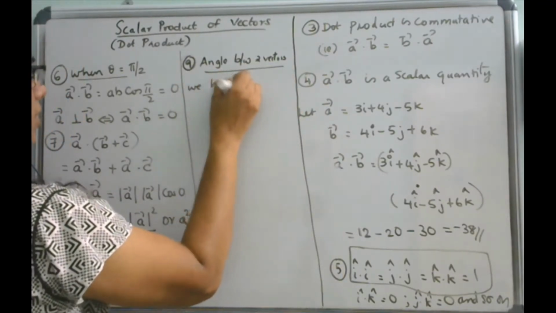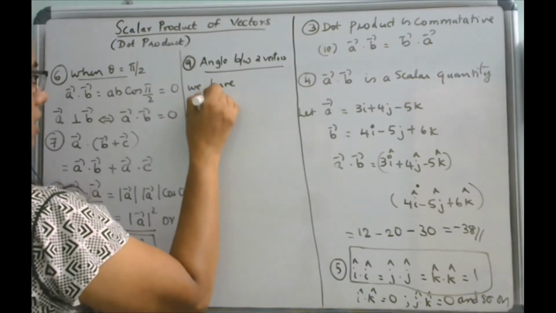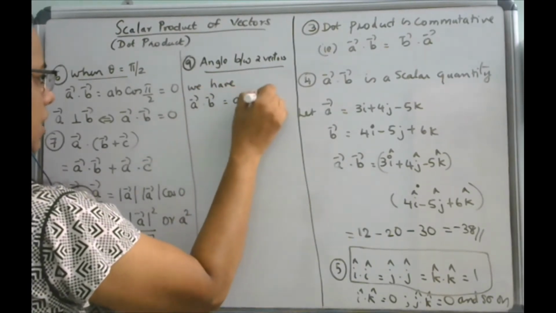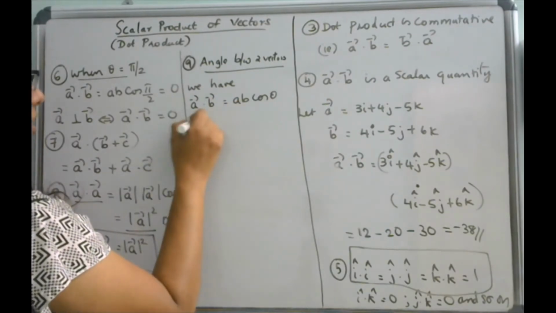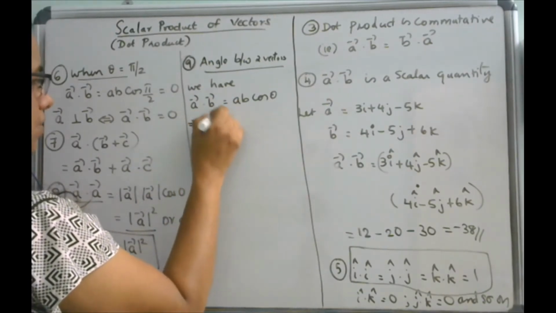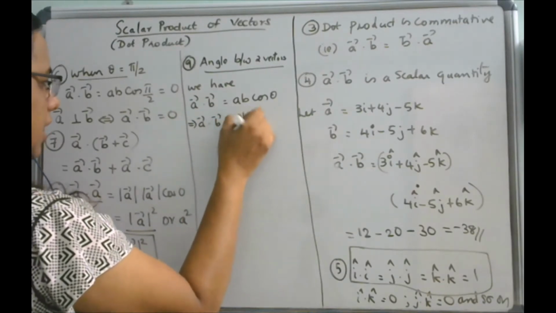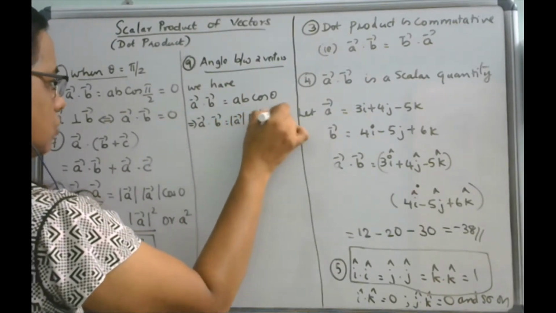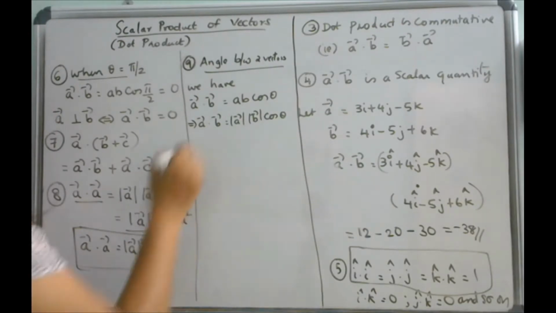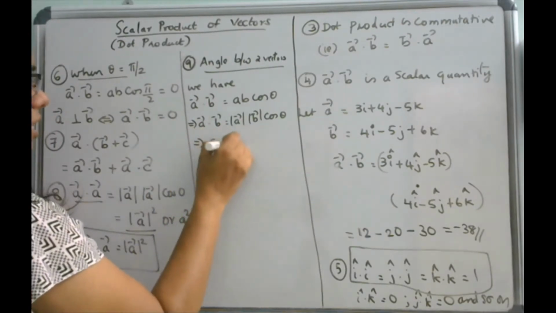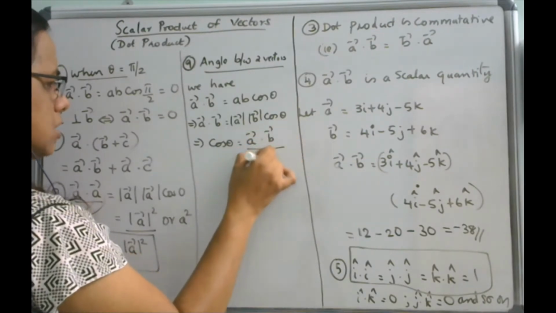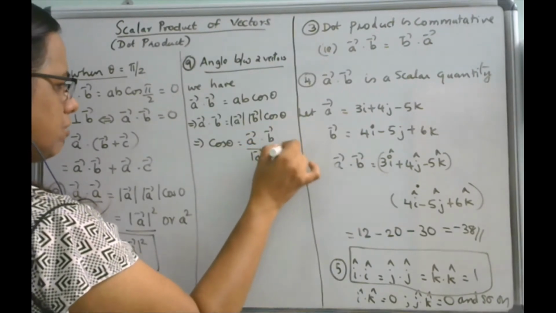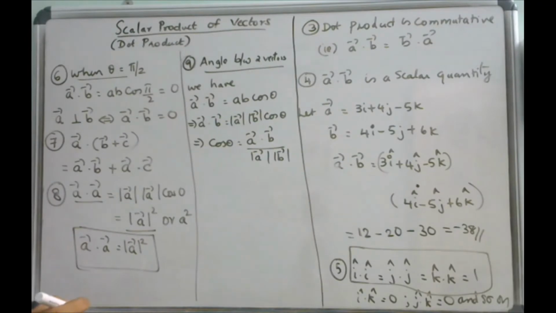We have A dot B is equal to AB cos theta. This implies A dot B is equal to modulus of vector A into modulus of vector B into cos theta. So from this, cos theta can be written as equal to A dot B by modulus of vector A into modulus of vector B. So this is another important property.